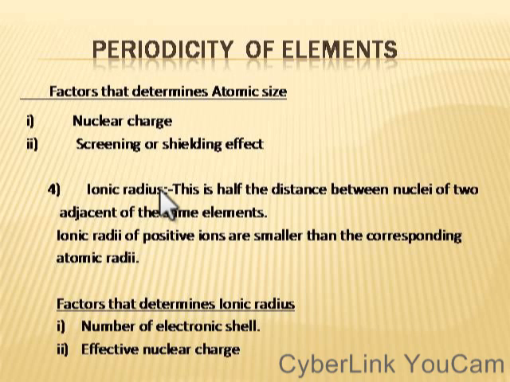Now, if a sodium atom forms an ion as a result of loss of 1 electron, the shells will be reduced to 2. And when the shells reduce, the distance between the valence shell and the nucleus will also reduce.